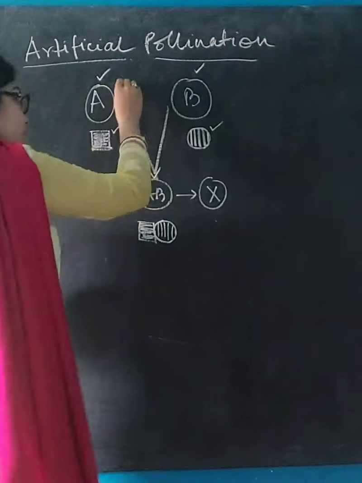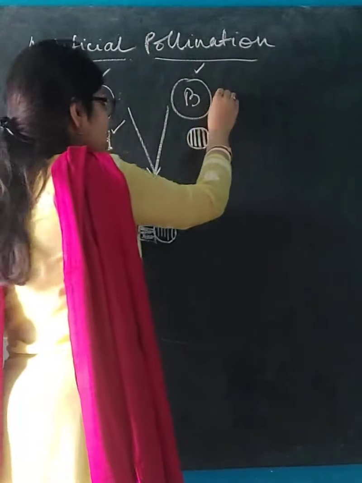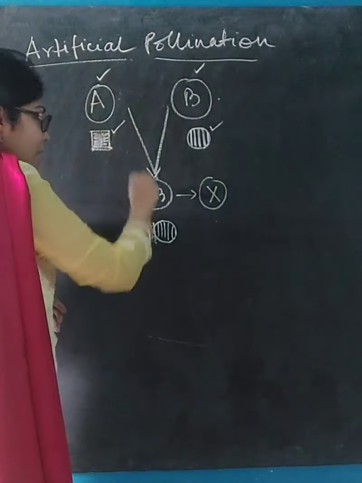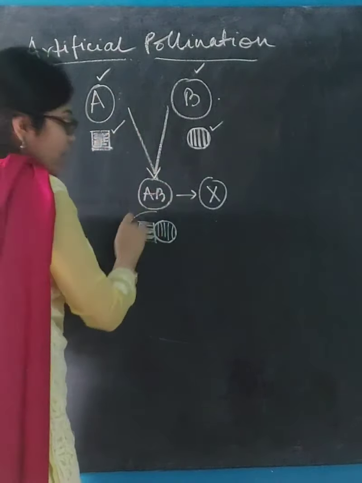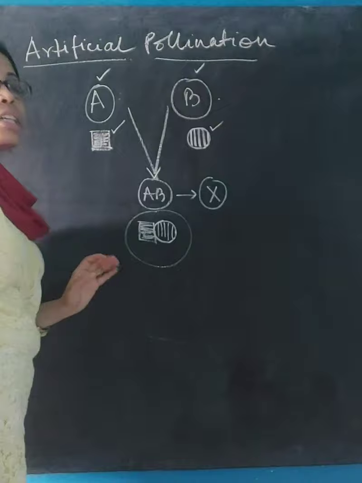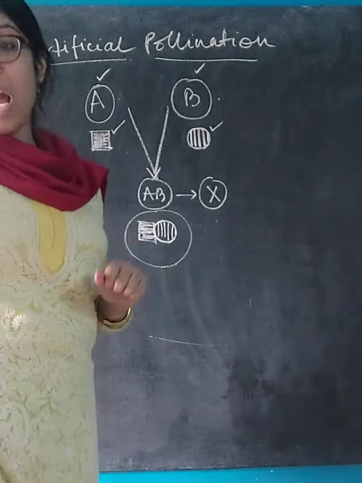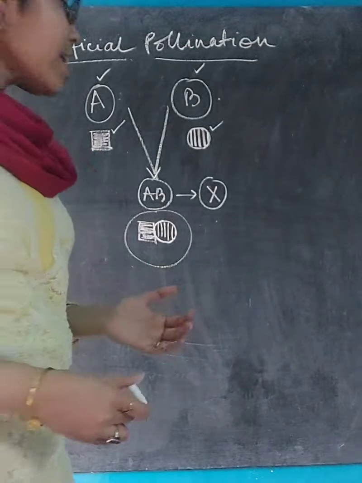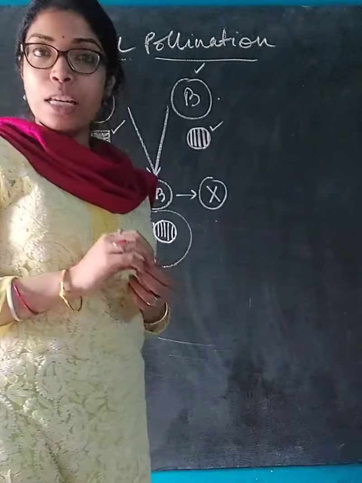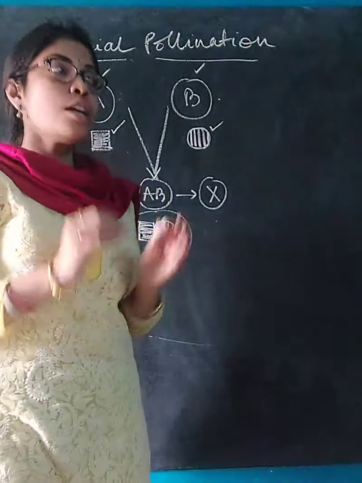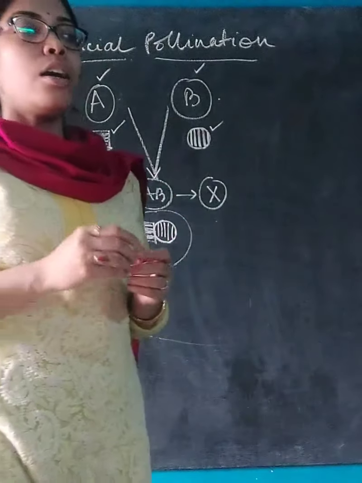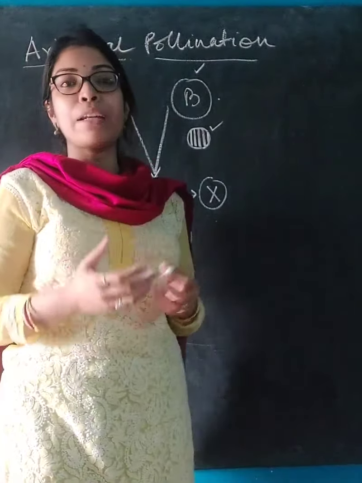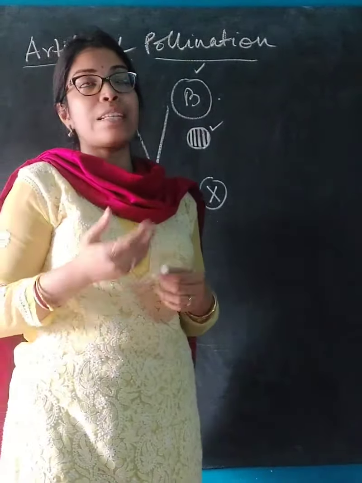Obviously, if A is the male one, B will be the female one, and they will take both of these varieties and get this new variety with all the desired characteristics. Okay, I hope I am clear to you why artificial pollination is done. To say in short, it is done to get plants with better varieties or desired characteristics in them.